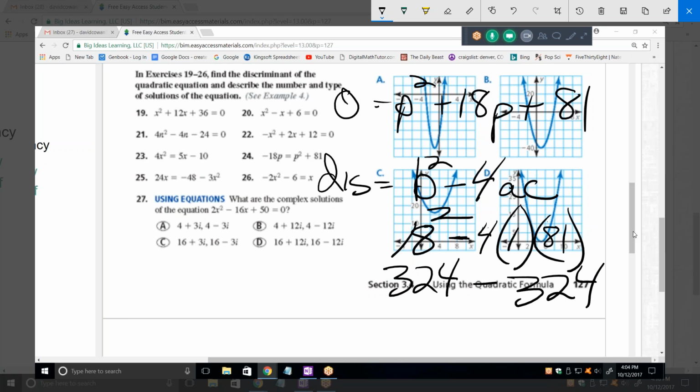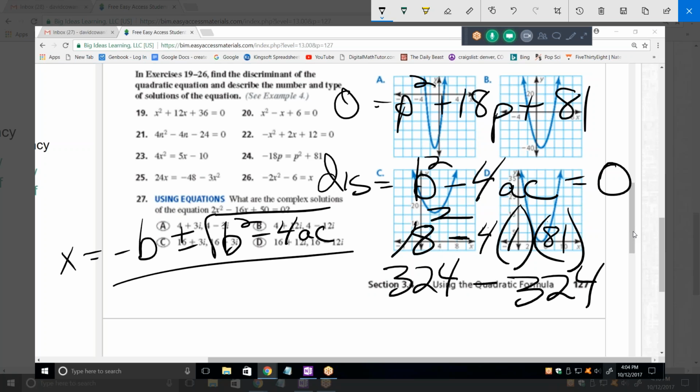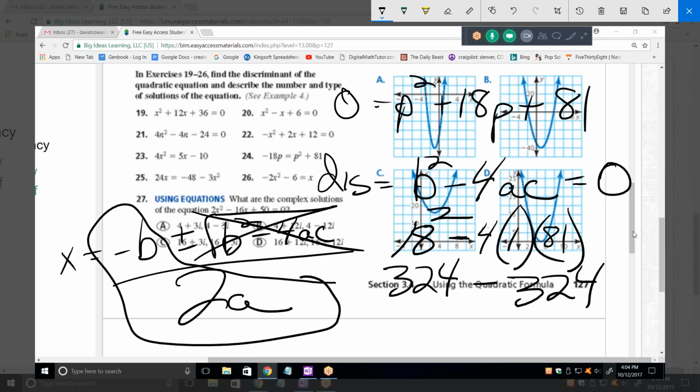This discriminant is 0. What does that mean? That means there's only one solution. Here's why. Here's the quadratic formula. The discriminant goes there. If this is 0, it takes out the plus or minus also, and what you end up with is minus b over 2a, which is one solution only.